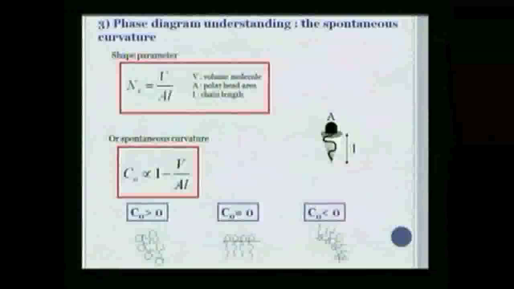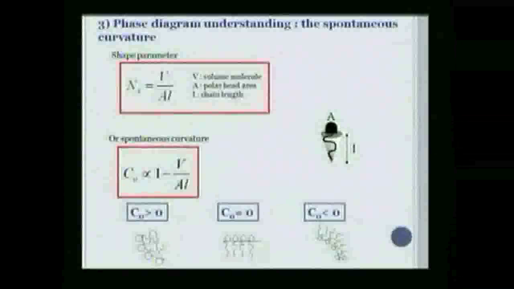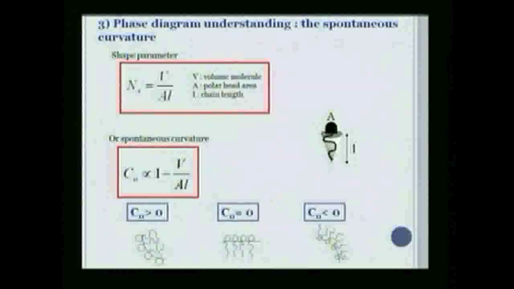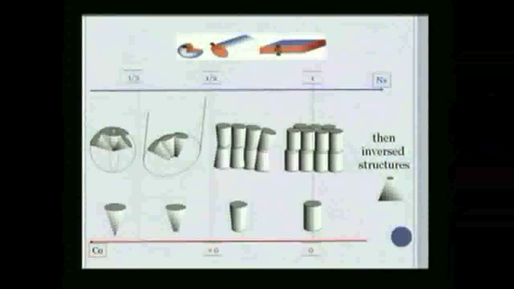I come back to the first slide. Then, if you begin to increase the volume occupied by the hydrophobic part, following this representation, this is only a representation, of course, you will increase the volume of the cone, and then you will go to this type of shape, this one. So you enlarge the volume of the cone, like this, keeping the same area.